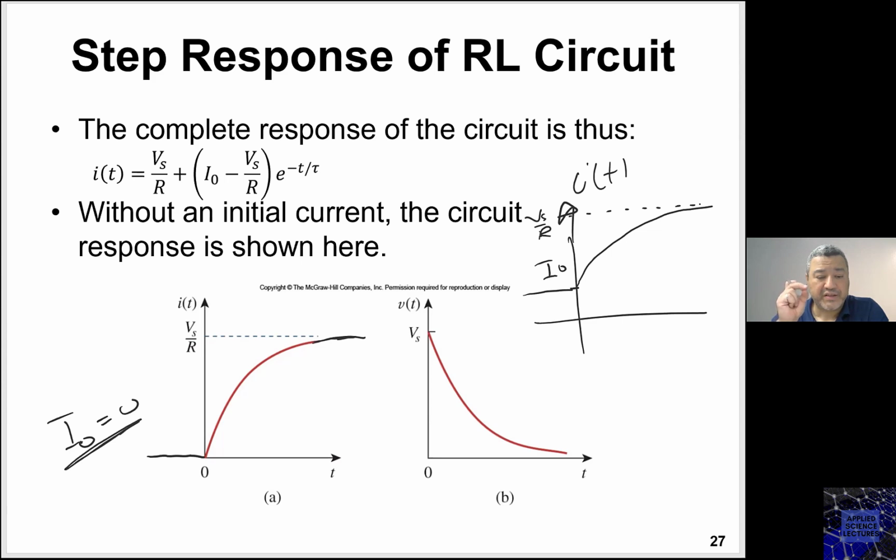For step response RC circuit, you need to find the initial and the steady state from the second circuit and the tau for the capacitor. For step response RL circuit, what you need to find is also the initial current, the steady state current from the second circuit, and the tau. As simple as this. We will be seeing more examples in the next lecture. We'll be solving more examples.